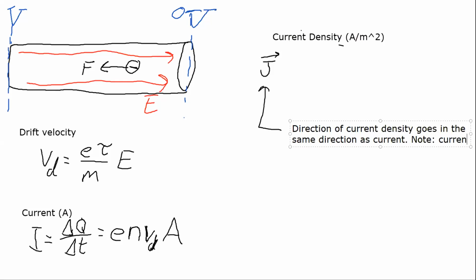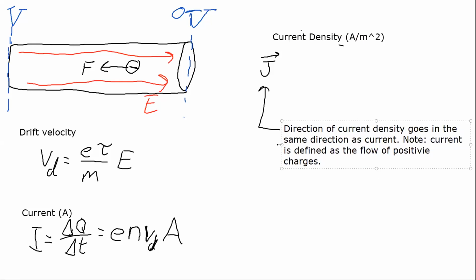And note, it's a little different. Current is defined as the flow of positive charges. So we get a little bit into history here. Why is it defined as positive charges?